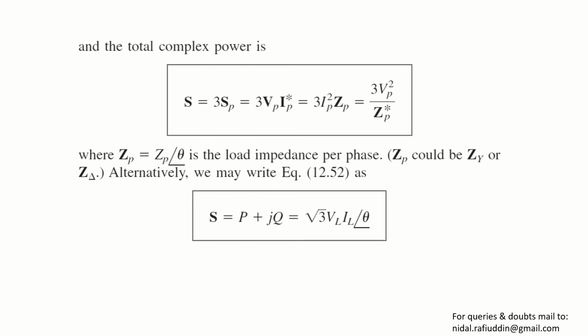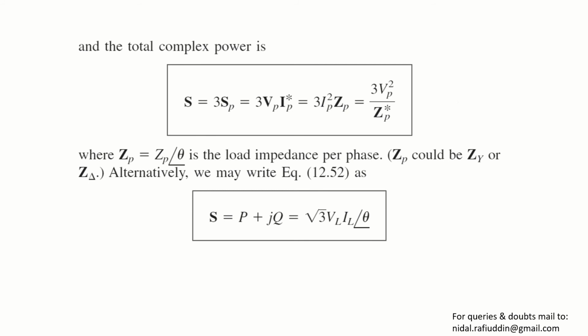If you substitute Vp as IP Zp, since by Ohm's law Z is given as V by I, so V is written as IZ, then we get 3 times IP multiplied by IP conjugate, which is IP square, multiplied by Zp. Or if we substitute for IP conjugate, Vp by Zp conjugate, the power can be written in terms of voltage as 3 Vp square upon Zp star, or conjugate.